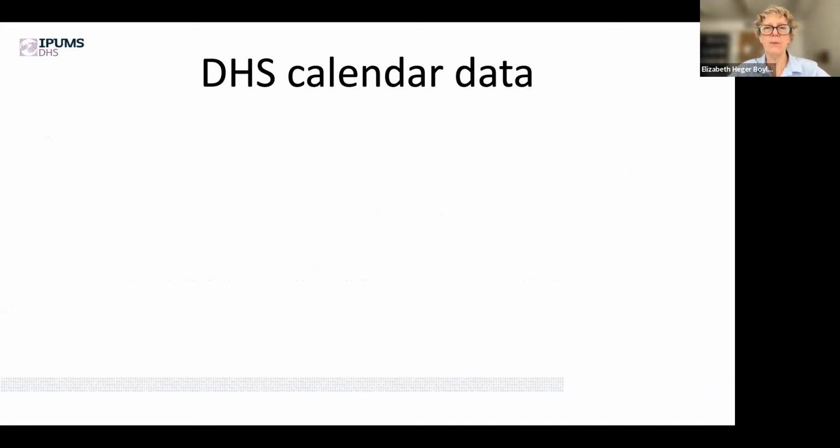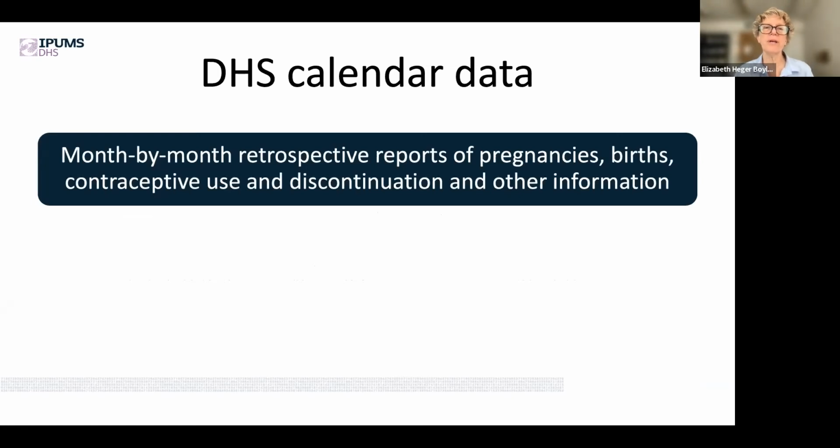All right, you may be wondering, well, what exactly is the calendar data? So the formal definition is that the calendar data is a month-by-month retrospective report of a woman's pregnancies, births, contraceptive use, and discontinuation, as well as sometimes other information.